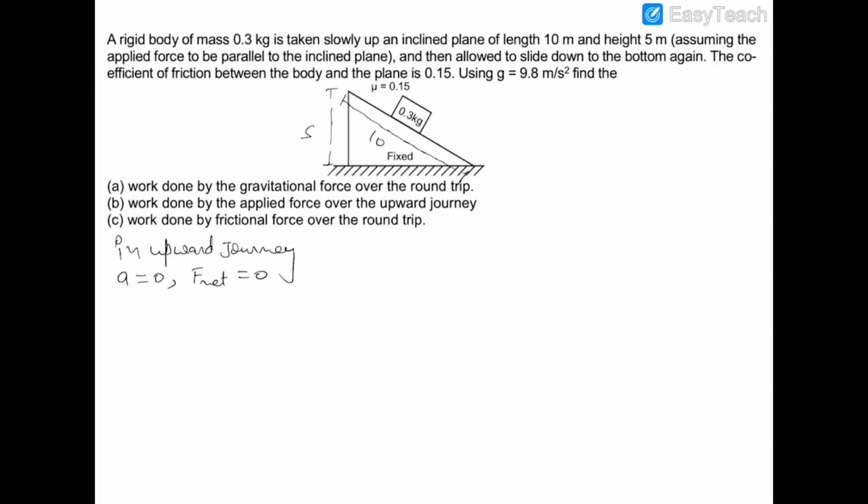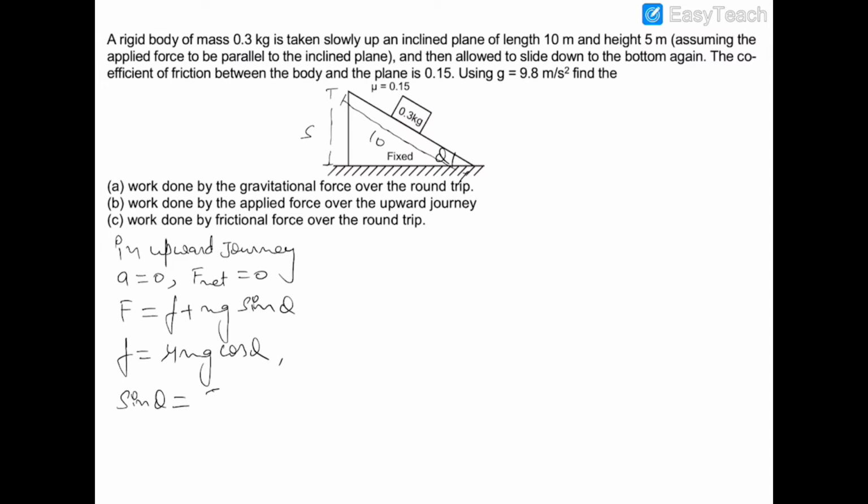So the applied force on the block will be balancing friction plus mg sine theta, where theta is this angle of inclination. Now friction F will be equal to mu mg cos theta, and we can say that sine theta is equal to perpendicular upon hypotenuse.